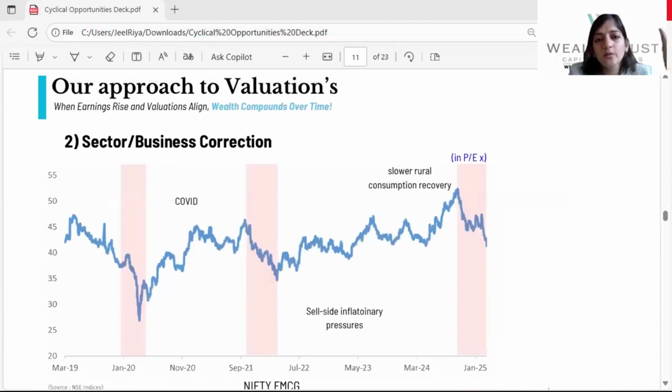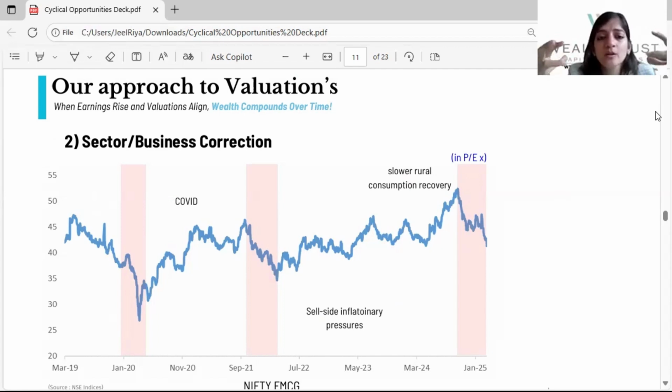So we showed you valuation against the economic cycle, where if your broader market is expected to do well, not all sectors will follow. Some sectors could go through a correction.